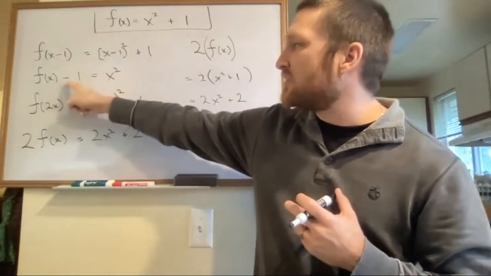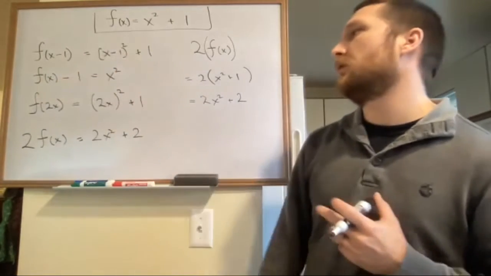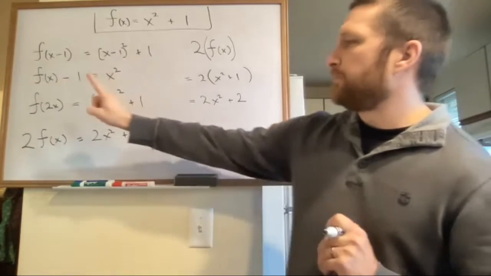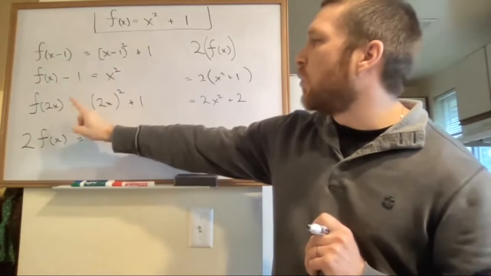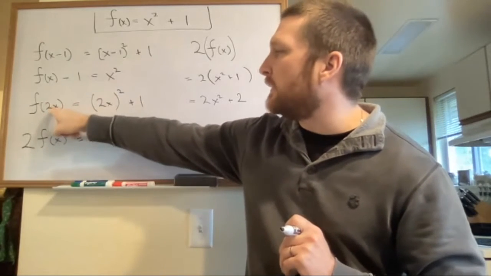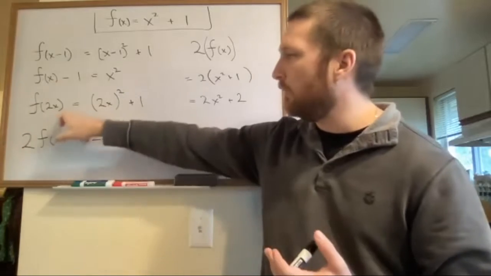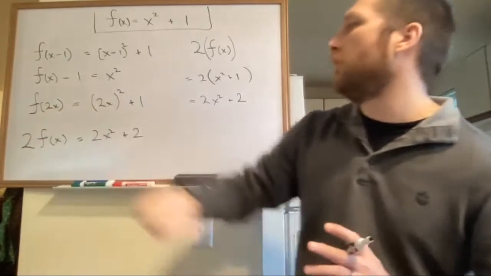When I add or subtract a number to the output, what happens to the graph of the function? That's what we're going to be working on today. The next thing we're going to be working on is what happens when I multiply or divide the input by something, and what happens when I multiply or divide the output by something.